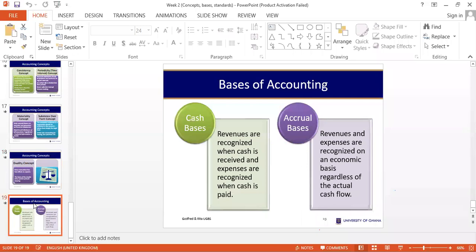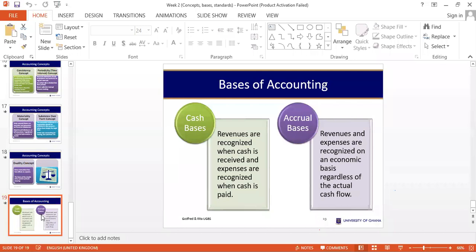Okay. Finally, the basis of accounting. How do we account? How do we even start the recording process? Okay, and I did indicate that every activity that is quantified must be accounted for. But there are two bases.